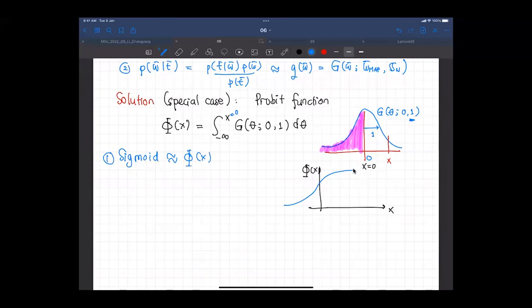Now the question is, what is the unique property of the probit? Why do we care about the probit? Why is the probit used here, right?